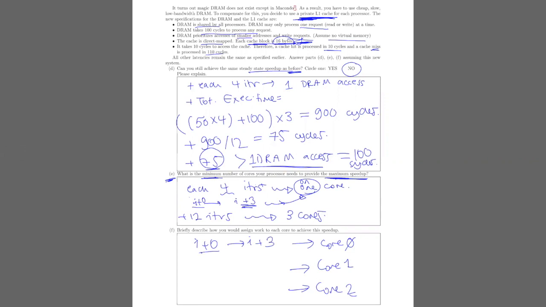So I to I plus 3 goes to core 0, I plus 4 to I plus 7 go to core 1, and I plus 8 to I plus 11 go to core 2. Okay, that's it.